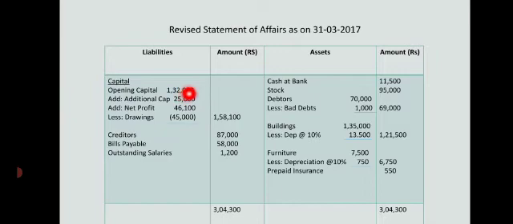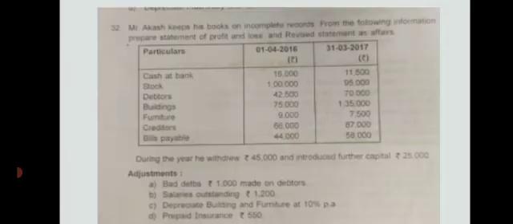Opening capital 1,32,000. Add additional capital 25,000. Add net profit made during the year, 46,100. Deduct drawings 45,000. The closing capital for the proprietor is 1,58,100.